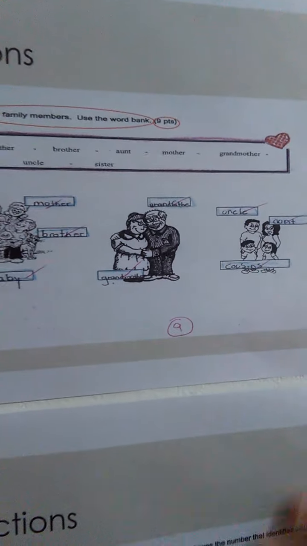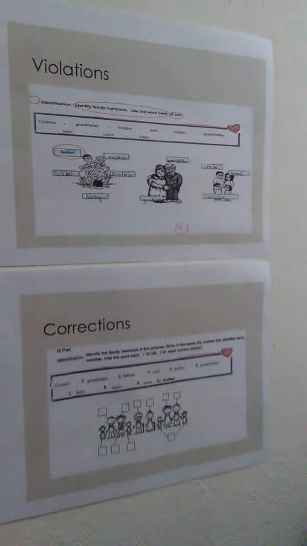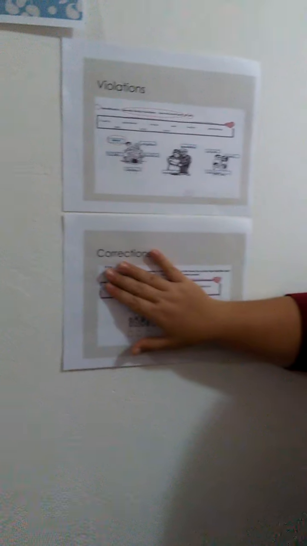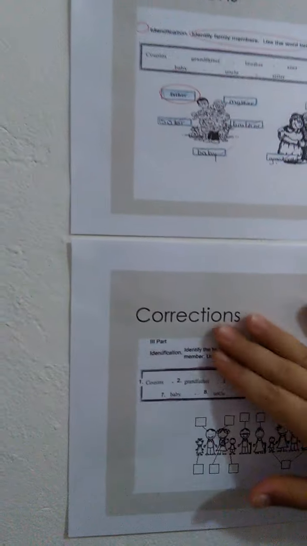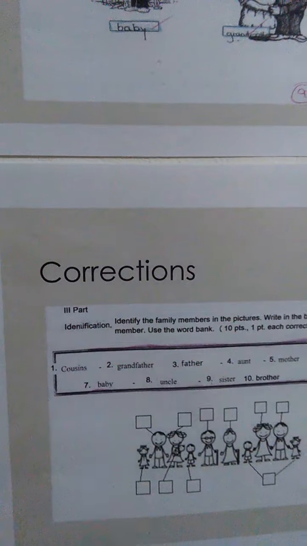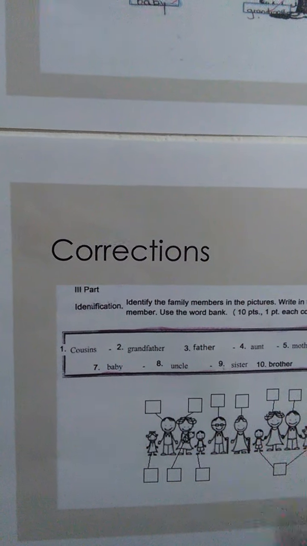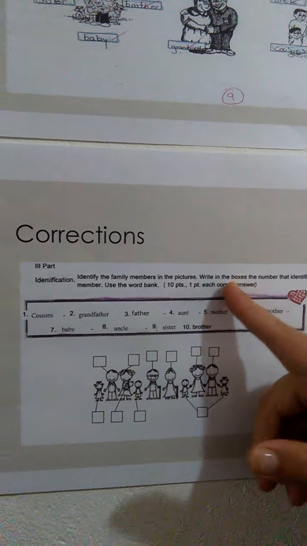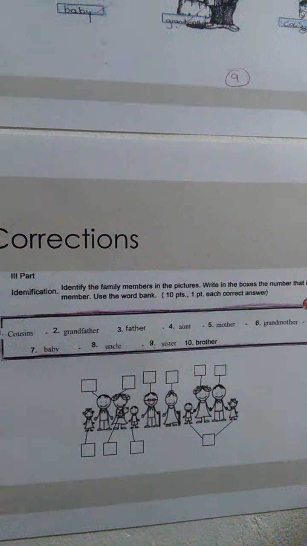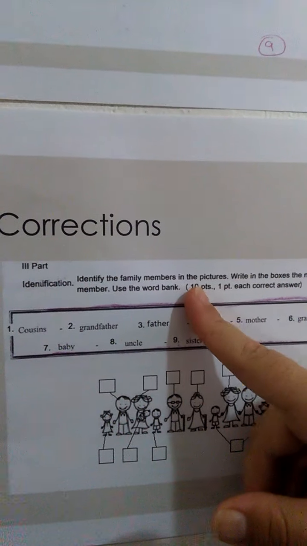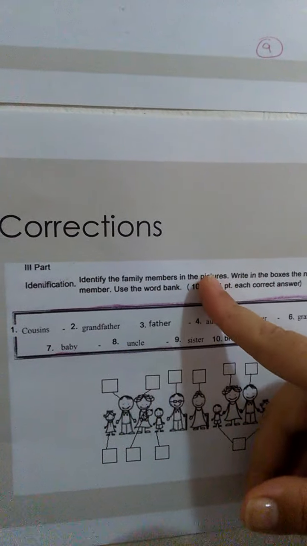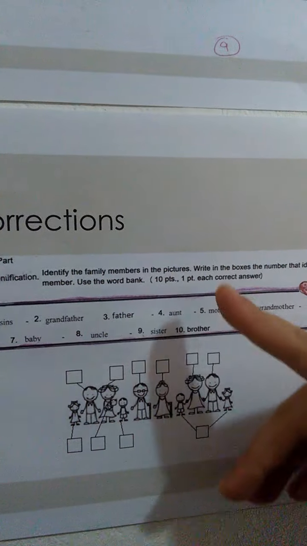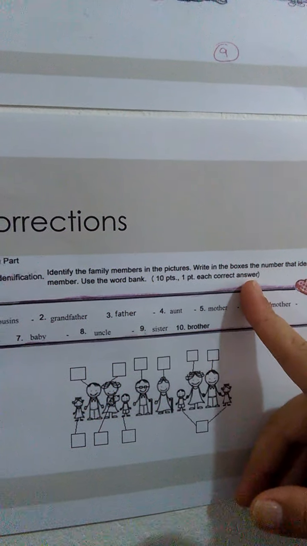So the corrections that I made are that I included the number of the part of the item, and I changed the way the number of points was written. I specified the total amount of points and how much they could get for each correct answer.